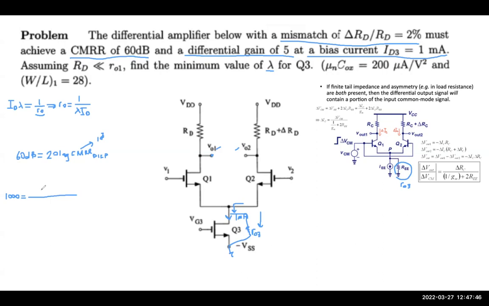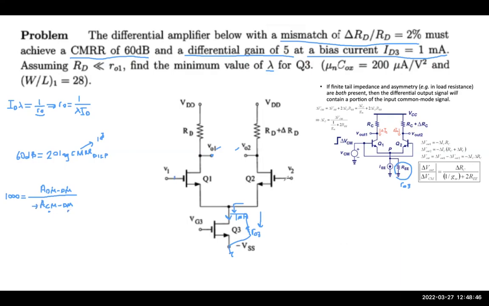That means our differential gain is when we apply a differential signal and look at the differential output. The denominator is when we apply a common mode signal and look at the differential output. If there's no mismatch, what would this be? 0.